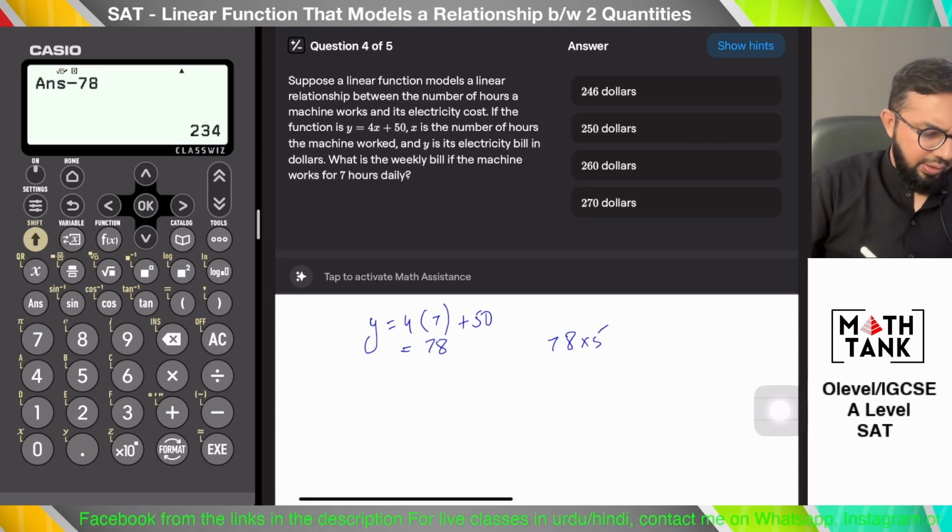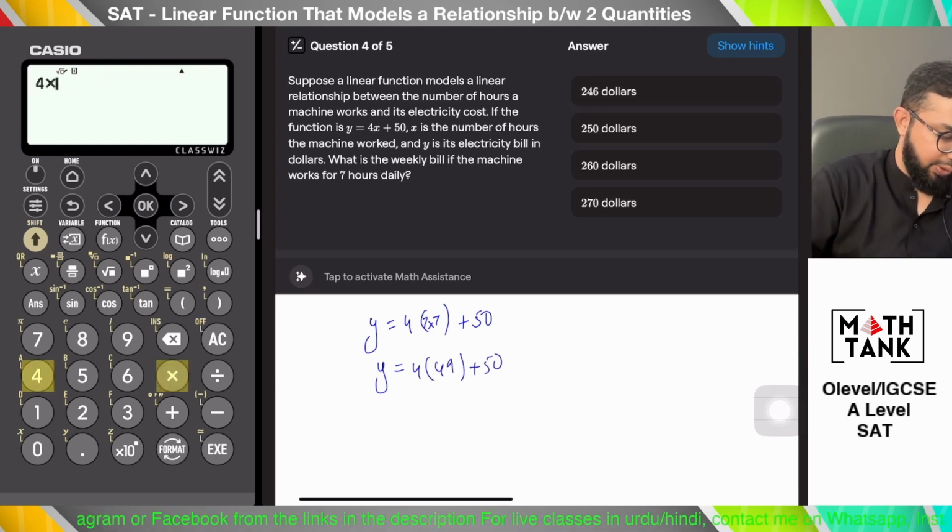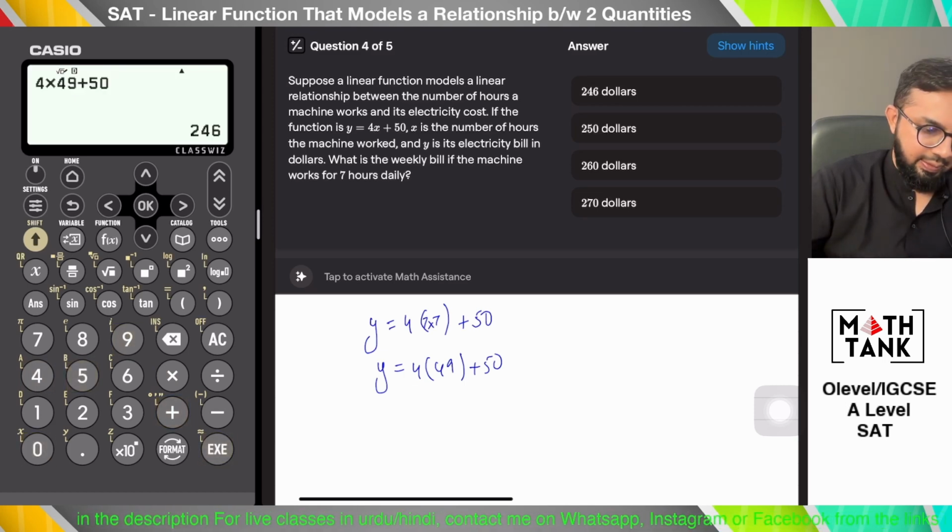Okay, so this is not about a daily function, so let's get done with that. What will I plug in for the number of hours? It's going to be 7 times 7, so that's y equals 4 times 49 plus 50. 4 times 49 plus 50. 246 is the correct answer.